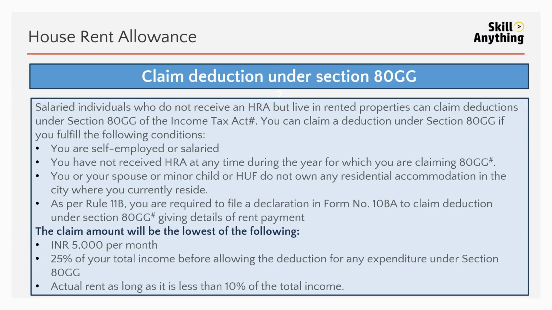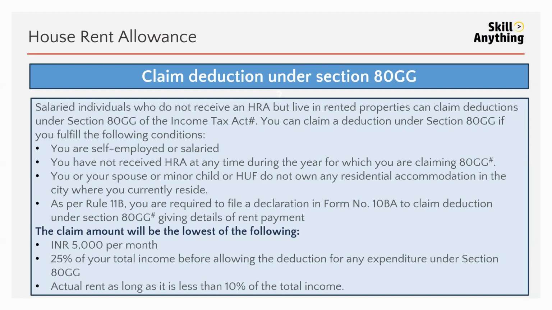Then you cannot claim 80GG, because in financial year 22-23 you got 3 months of HRA. But if you continue working with company B from April 2023 to March 2024, you can claim deduction under section 80GG, because this year you are not getting HRA from company B.